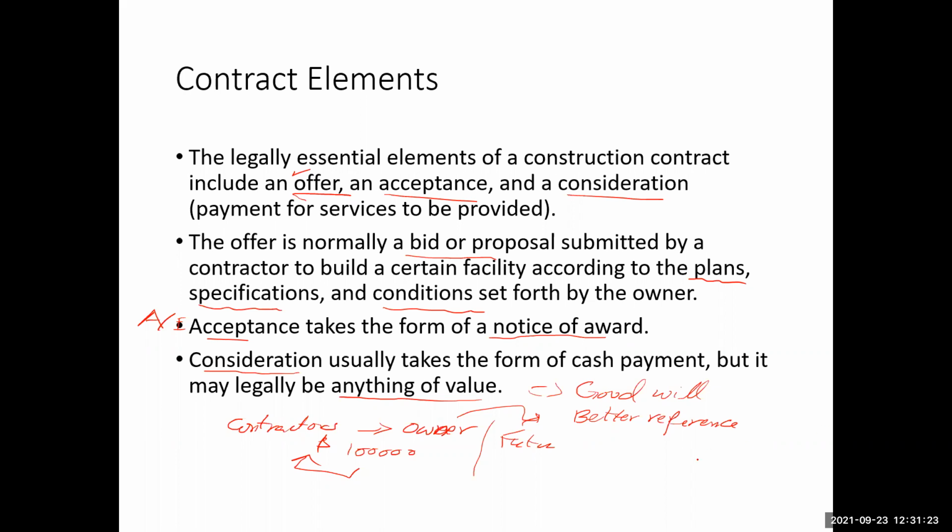Legally it can be, maybe I just missed that point. So it can be cash plus some asset as well, for example in the form of some machinery, some equipment.